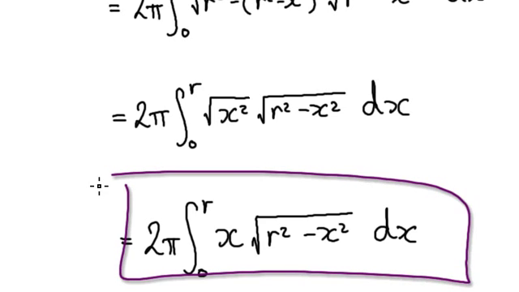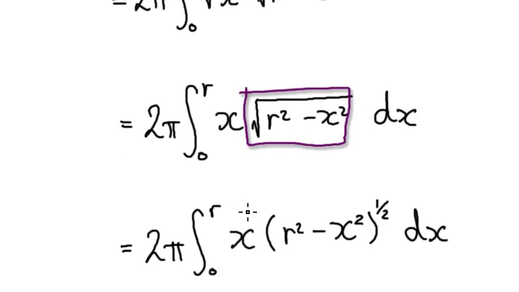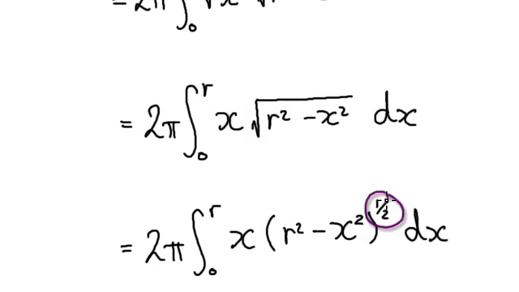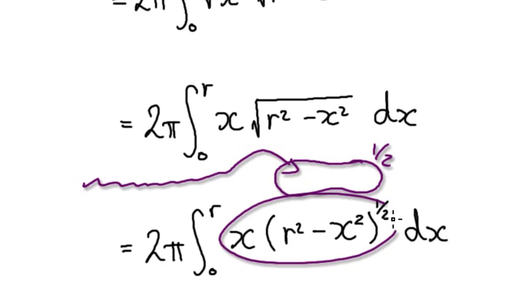Okay, so now it's just a matter of integrating this. Visualize this thing here as this to the power of a half. So when you integrate this, you're looking for something that when you differentiate it, it will give you this whole thing here.